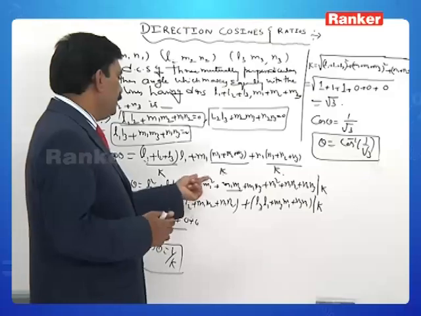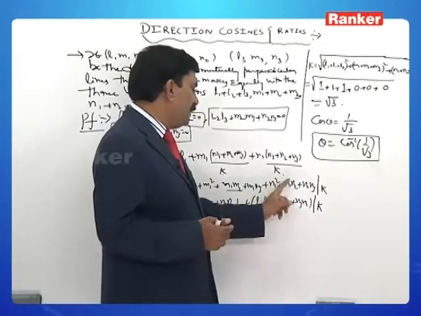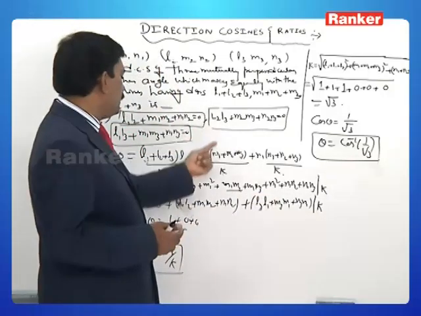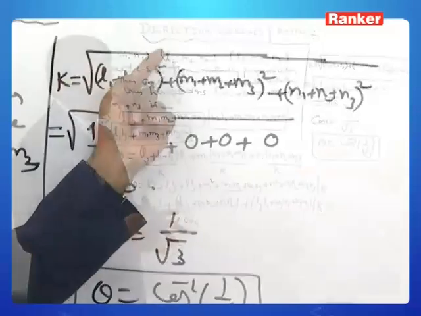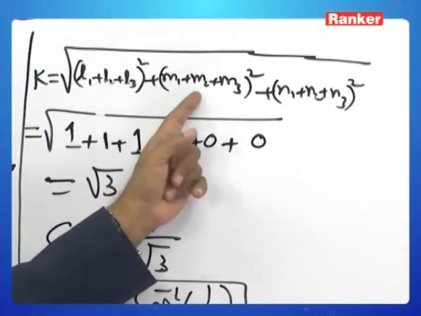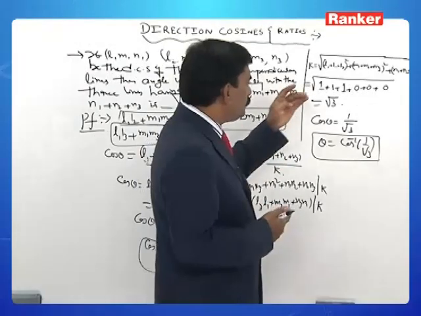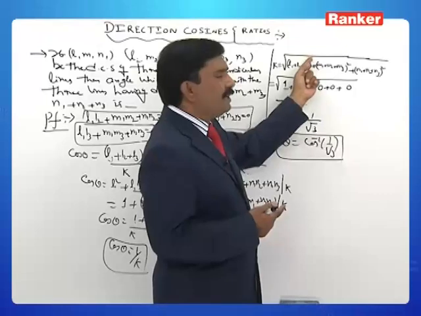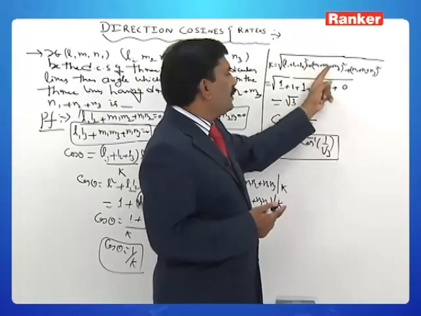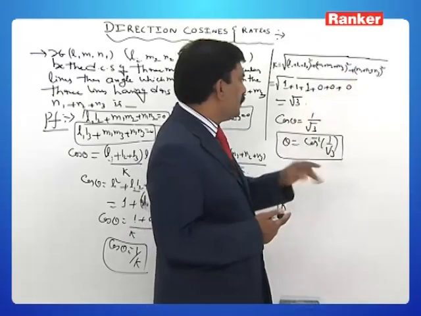Next L1L2, M1M2, N1N2, and L1L3, M1M3, N1N3, we have proved already they are what? 0. So therefore, cos theta is equal to (1 + 0) by K. Therefore, cos theta is equal to 1 by K. What is K? K is the length of this line. Now this is given to be the square root of (L1 + L2 + L3) whole square plus (M1 + M2 + M3) whole square plus (N1 + N2 + N3) whole square.